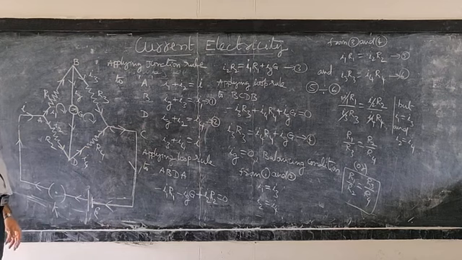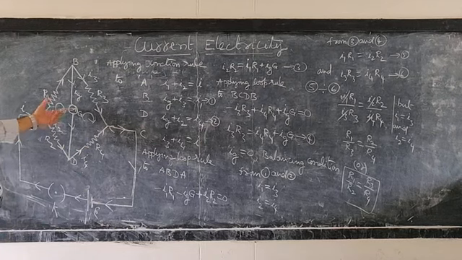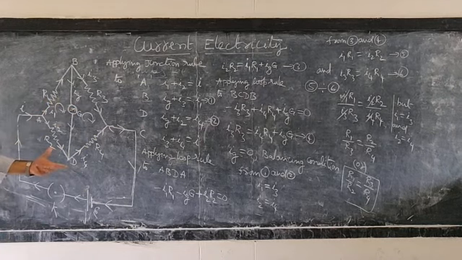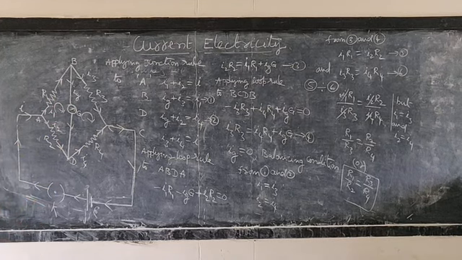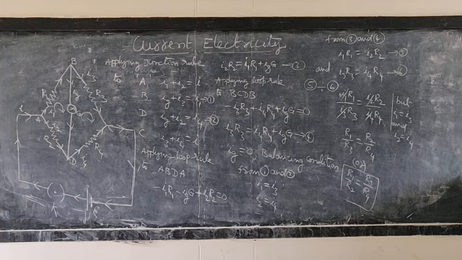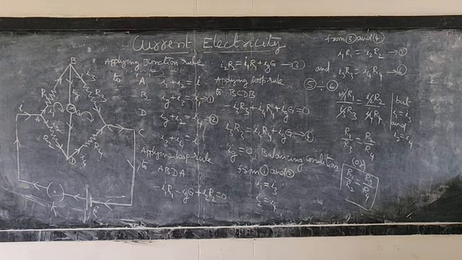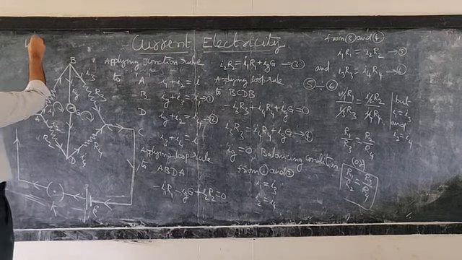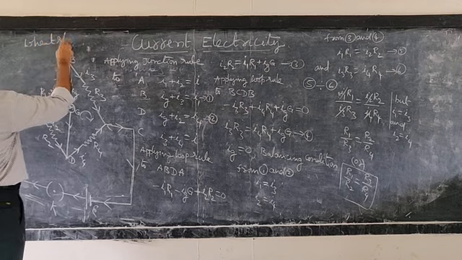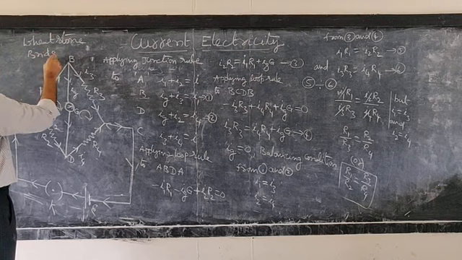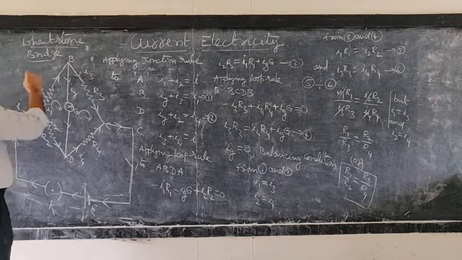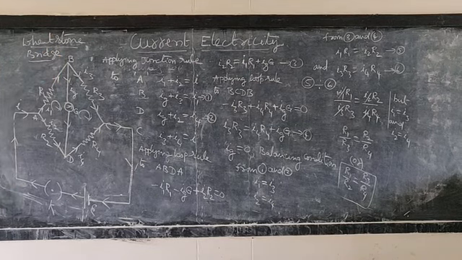Both are of the same meaning. Therefore, the ratio of the resistances in the opposite arms are equal under balancing condition of the bridge. This is called the Wheatstone bridge principle.